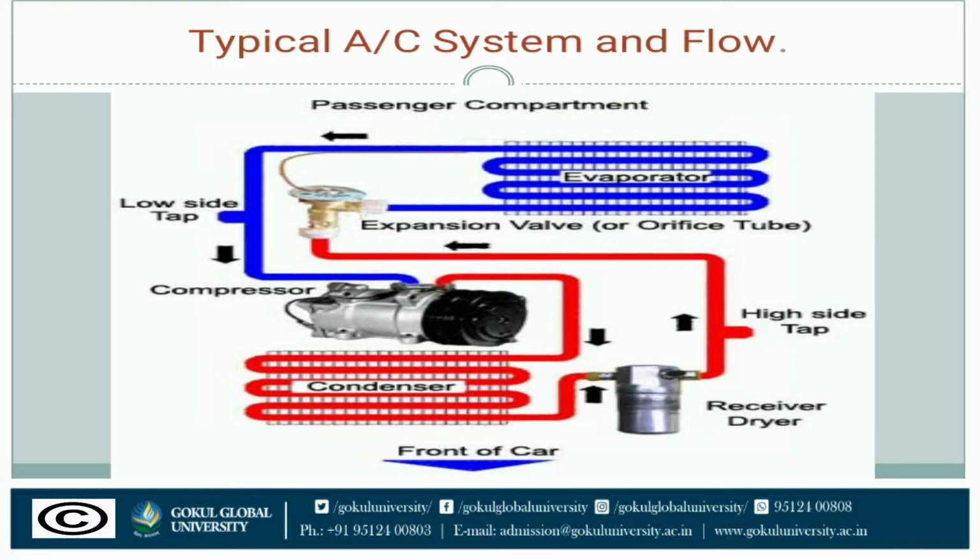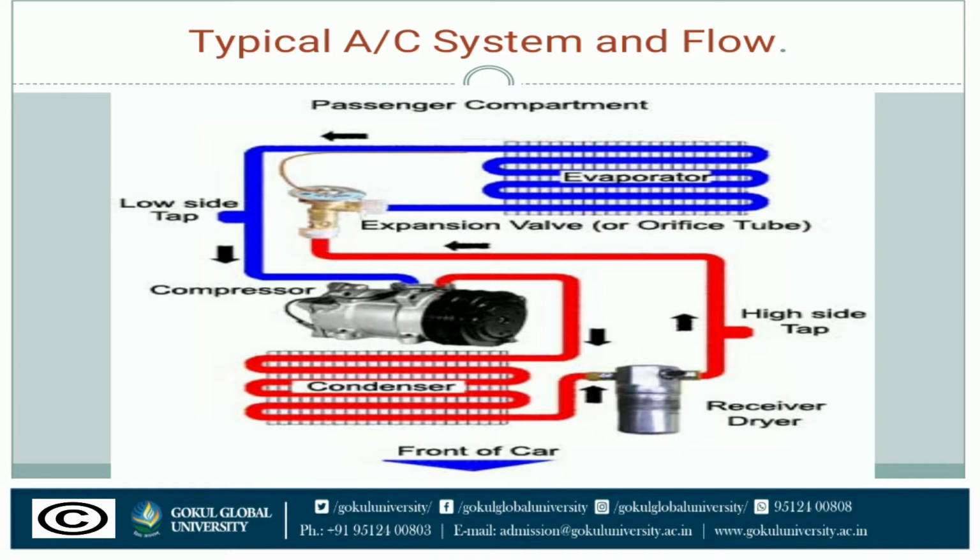So this is the typical figure of an automobile AC system and flow of refrigerant. You see the red one. The red one is the high pressure side, which is the outlet of the compressor. So what is the work of the compressor? The compressor compresses the gas and increases its pressure and heat.